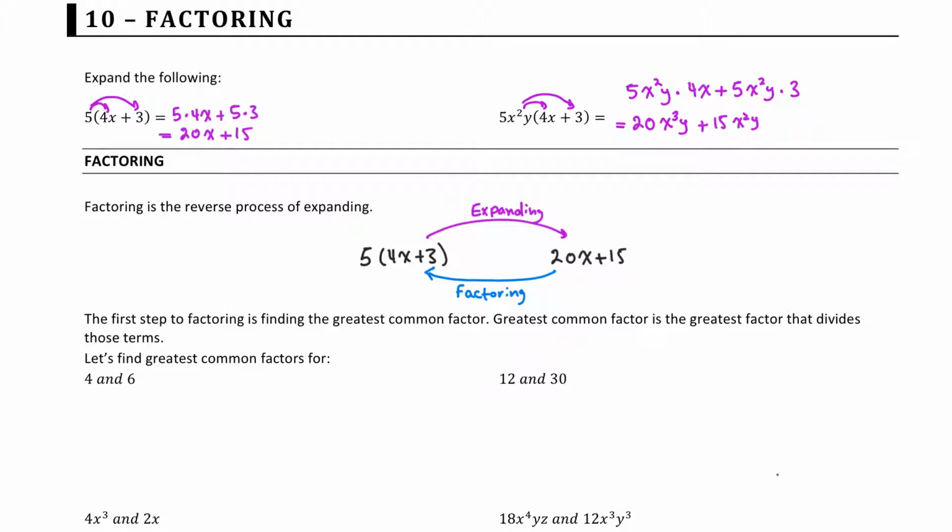Now, to fully factor something, the first step is to find the greatest common factor. The greatest common factor is the greatest factor that divides those terms. So let's find the greatest common factor for the following.